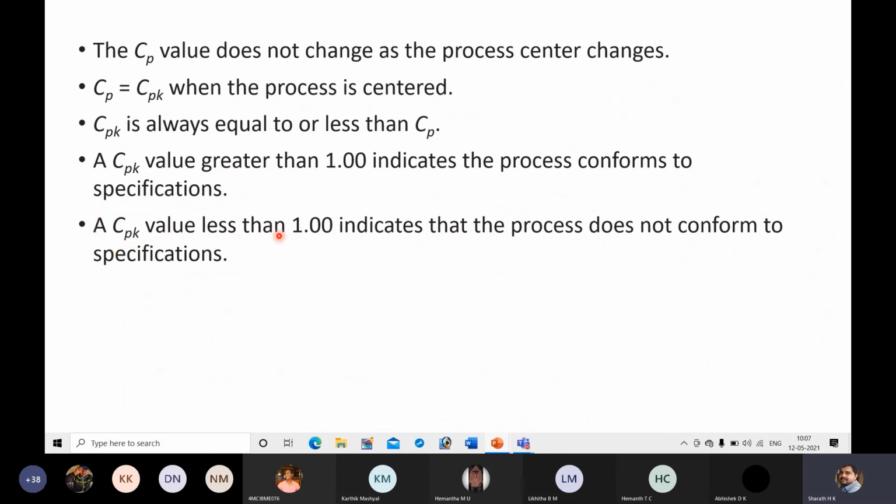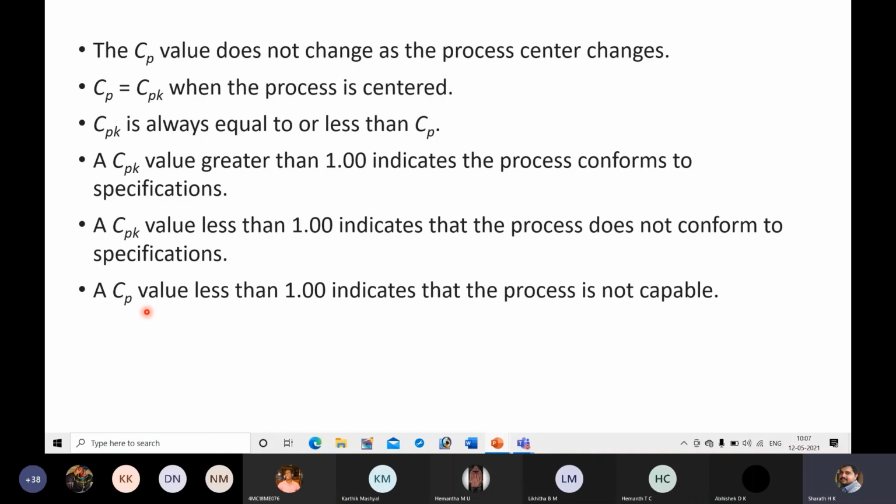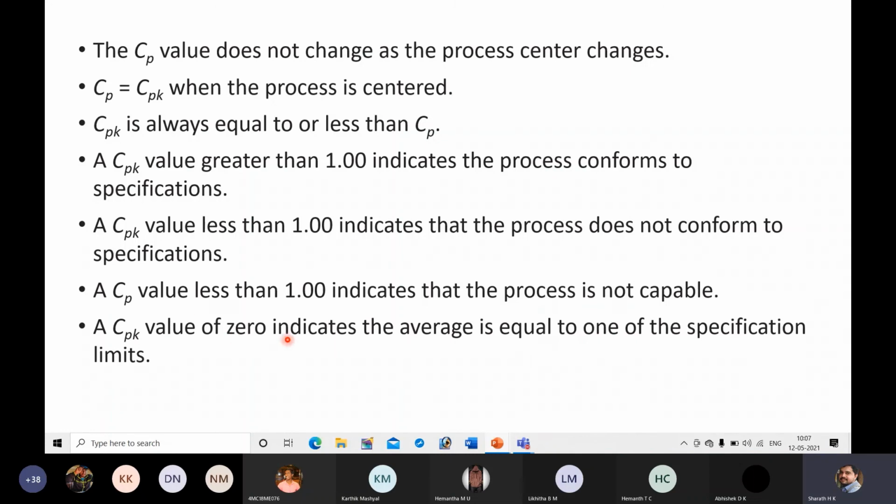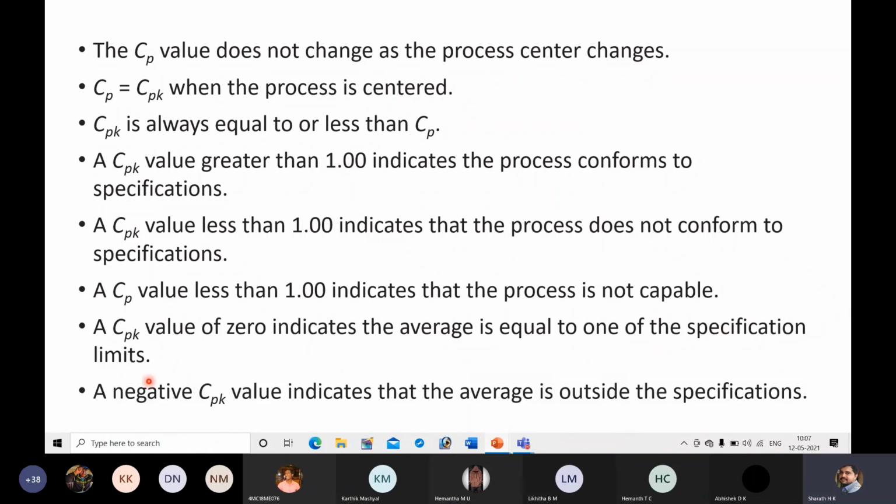A Cpk value less than 1 indicates that the process does not conform to specifications. A Cp value less than 1 indicates that the process is not capable. A Cpk value of 0 indicates the average is equal to one of the specification limits. A negative Cpk value indicates that the average is outside the specifications.